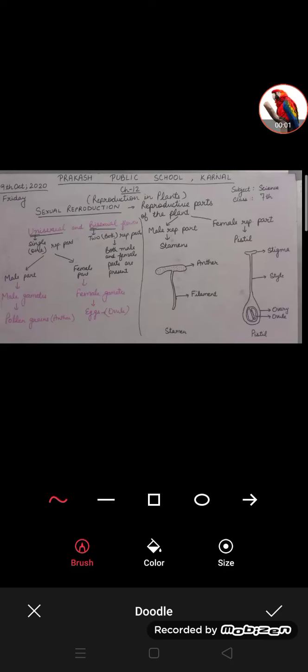So students, today we will study about sexual reproduction in plants. Basically, sexual reproduction is that kind of reproduction in which reproductive parts of the plant are involved. So what are those reproductive parts?